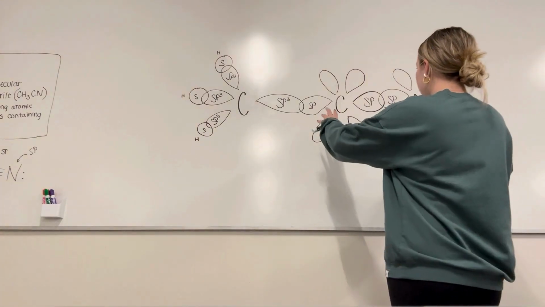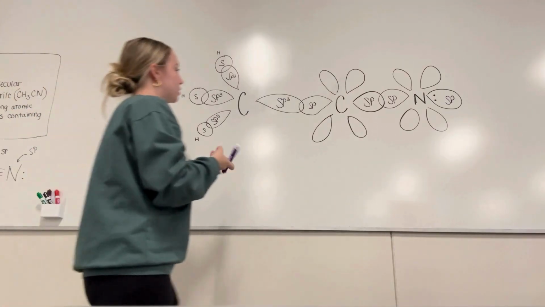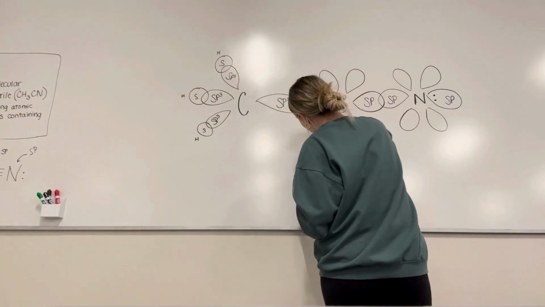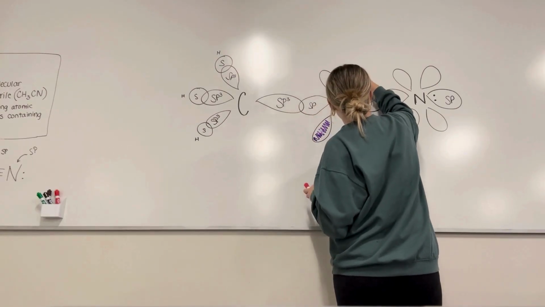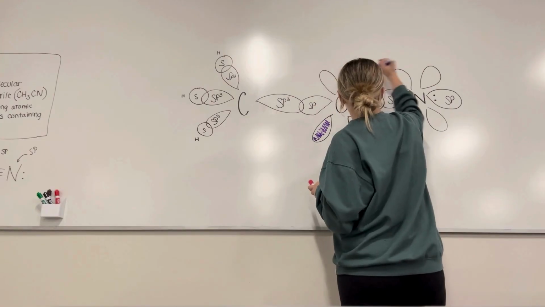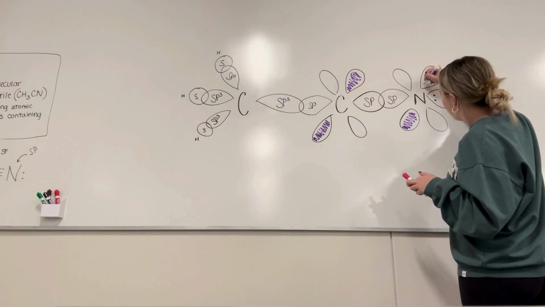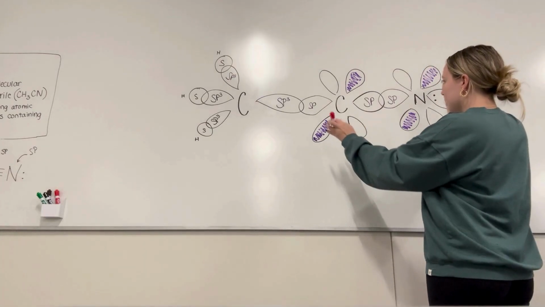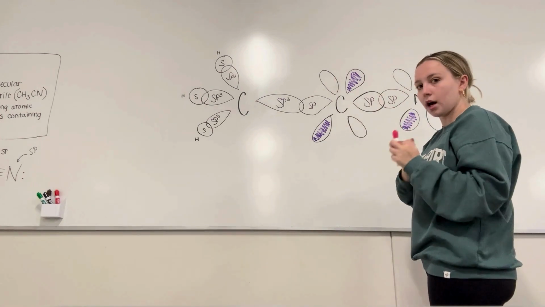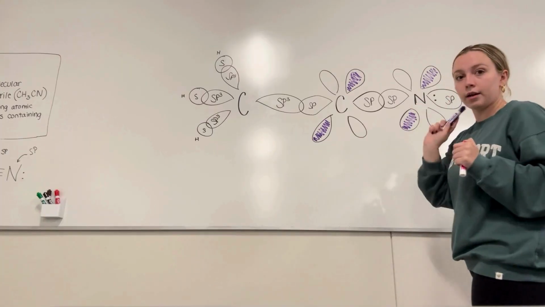It doesn't help that they're all the same color, but these essentially overlap, and I'm gonna do the same on this side, and make up the triple bond that is between the carbon and the nitrogen.